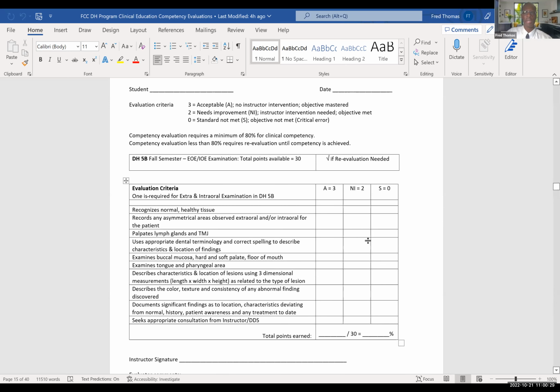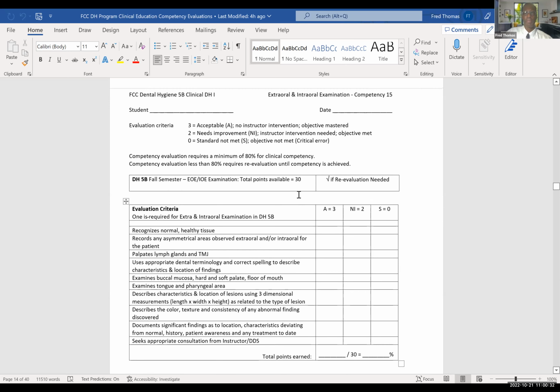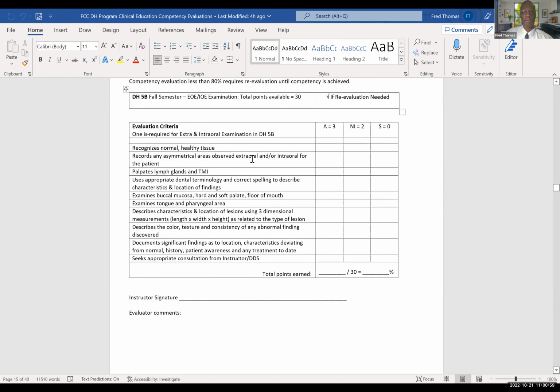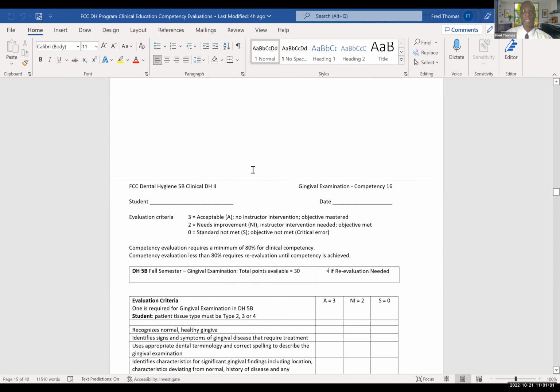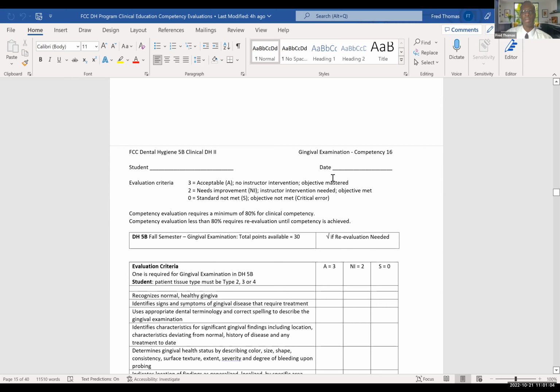So with the second clinic, for the first SLO that I had, or maybe that was the second SLO, it talked about showing abnormalities and inspection. So CE number 15, the extraoral and intraoral examination, this CE is the one that I would look at for the students. Same thing with the gingival examination.